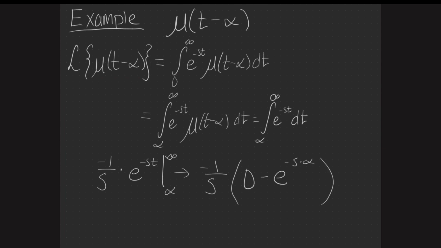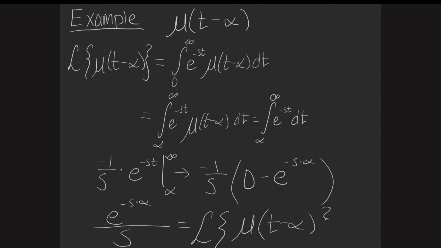This then just leaves us with e to the negative s times alpha over s. And that is equal to the Laplace transform of mu of t minus a, which is the Heaviside step function.